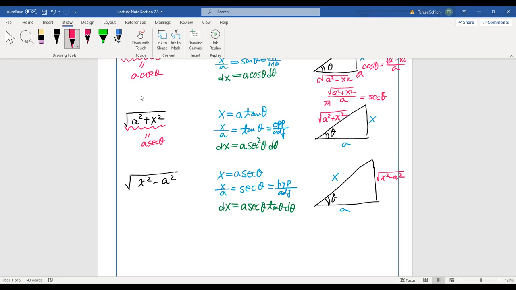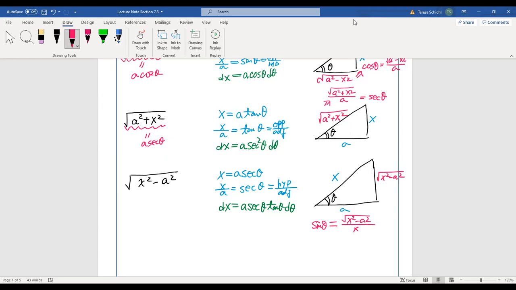So like in here, this is the square root of x squared minus a squared, right? Okay, so I can say the sine theta will be equal to the square root of x squared minus a squared over x here.